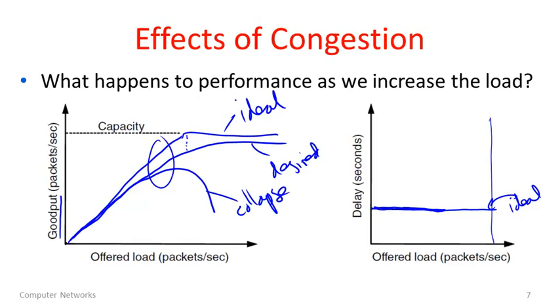And as we get very close to the capacity, those queues will be full nearly all of the time, and our delay will go up and up. So our delay goes something like this. Actually, in theoretical models where there's no limit on the router buffer size, it can go right up to infinity as your offered load reaches the capacity. The point is that as we approach congestion, the delay starts to climb up.